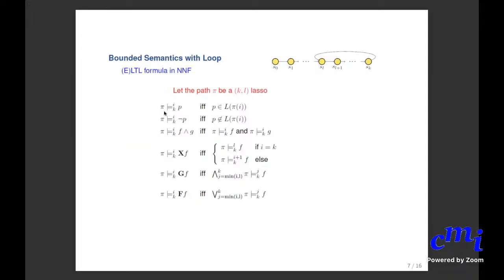So it is defined, since we are defining it for an arbitrary LTL formula, just like infinite semantics of LTL is defined recursively, here also it is defined recursively, except that there is one set of semantic rules for the case where the k-long prefix is a lassoing path, and another definition of bounded semantics for the case where there's no lasso in the k-long prefix.